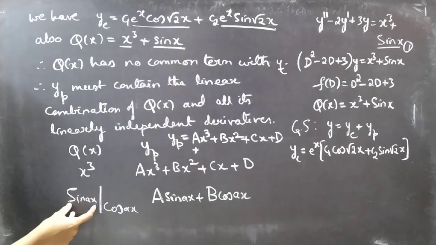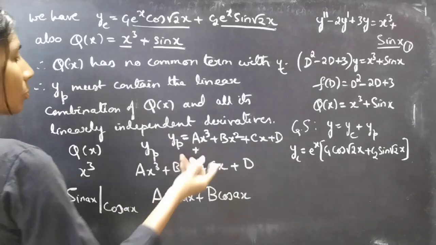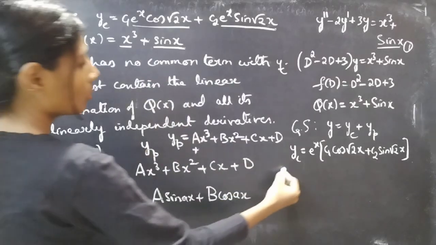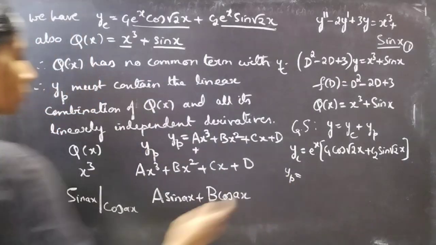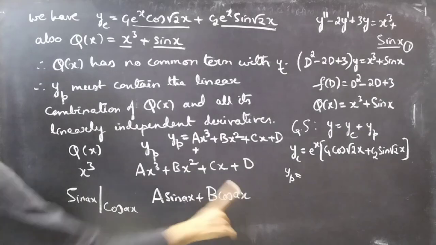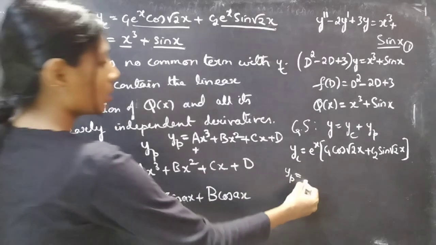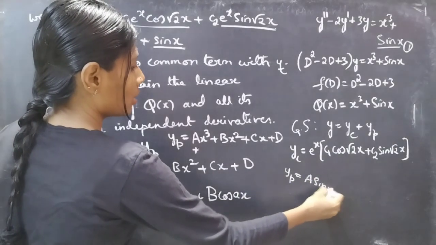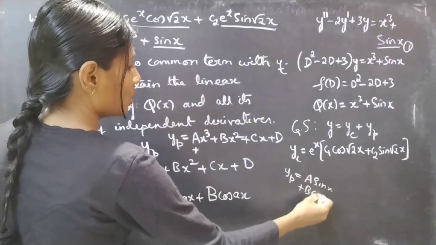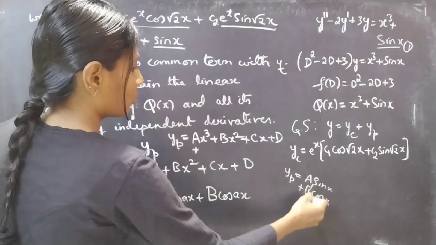Compare sin x with sin ax. For a equal to 1, we have yp equal to a sin x plus b cos x, right?